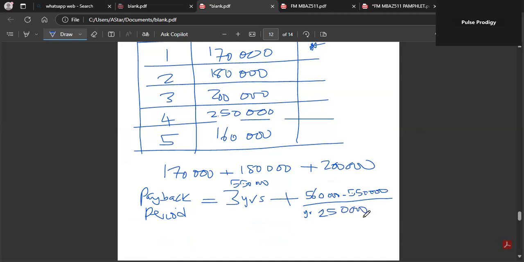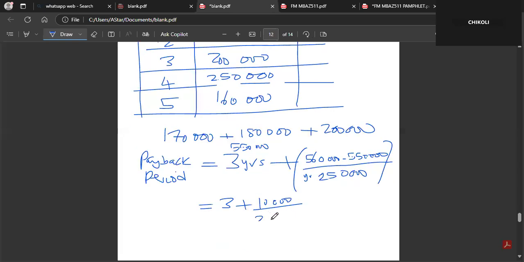250,000. So this will be 3 plus 10,000 divided by 250,000. So 10 divided by 250 gives 0.04.